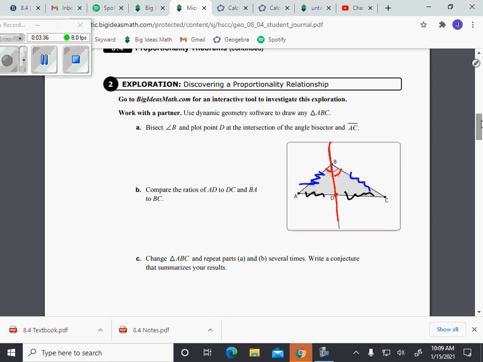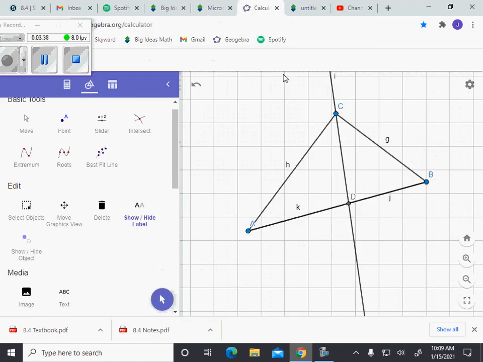So I went ahead, I'm going to exit that one out, we want this one. Okay, so I went ahead and made this triangle. This angle here, that's bisected, so we have two equal angles. And now I want to find the lengths of these sides. Okay, well, where's the distance here?